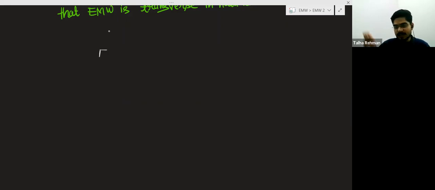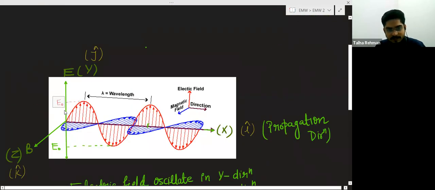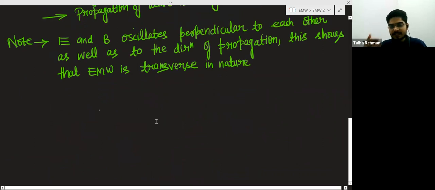Changing with time means oscillating. So if I want to write the peak value of the electric field, at some time there will be the maximum value of the electric field. Somewhere there will be the maximum value of the magnetic field also. So there is a relation between the maximum value of the electric field and the magnetic field.